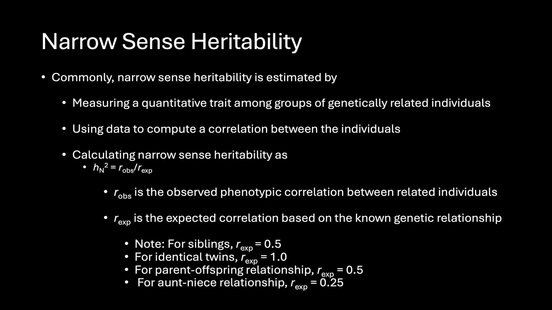We can do this for any set of related pairs of individuals and determine what the narrow sense heritability is for that particular trait. One note here is that there's considerably more calculation involved in calculating the R observed value that we have talked about so far, and that will be the subject of a separate video.